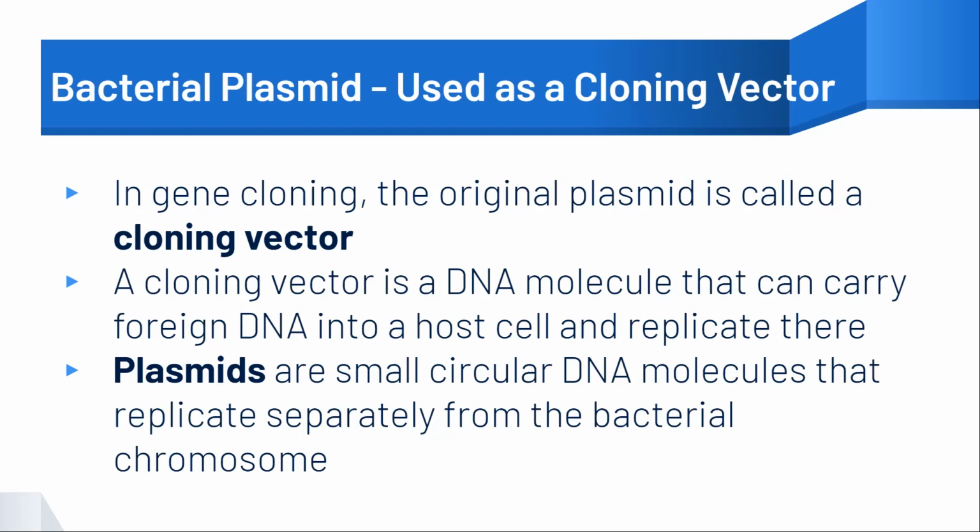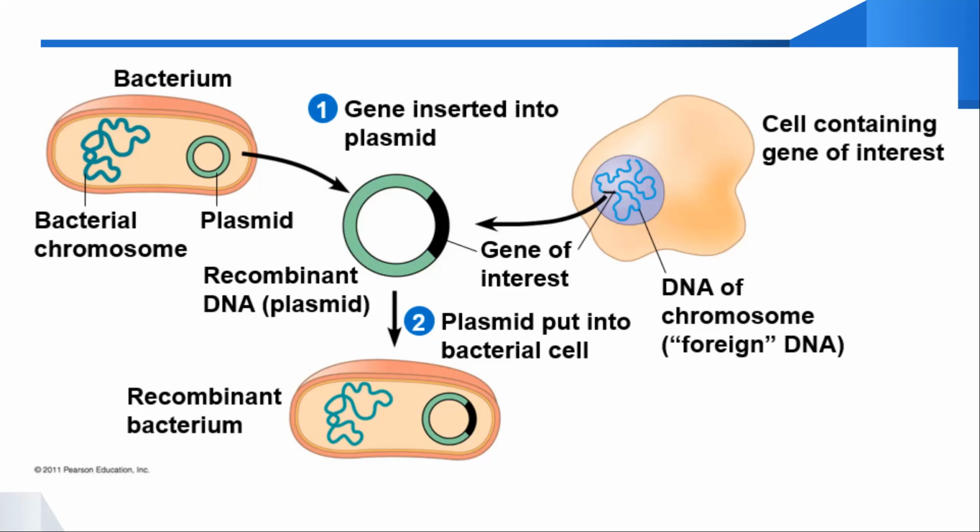They're great for this because they're small and they're easy to add genes to, and we can sequence them really quickly. We can figure out what restriction enzymes will work on those plasmids, and we can put the genes that we're interested in into those plasmids and put them into the bacteria. The bacteria also reproduce really quickly, so we can get lots and lots of copies of the gene that we're interested in very fast.